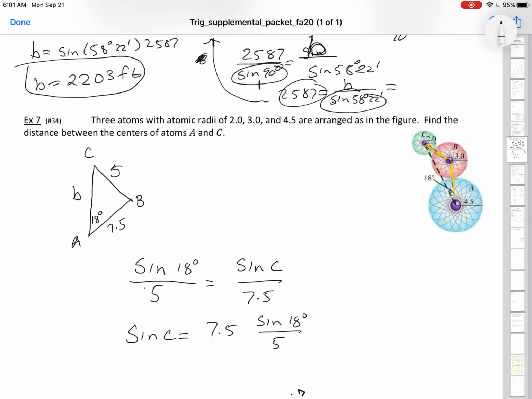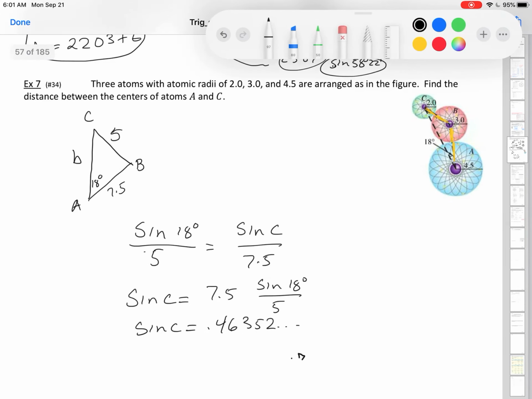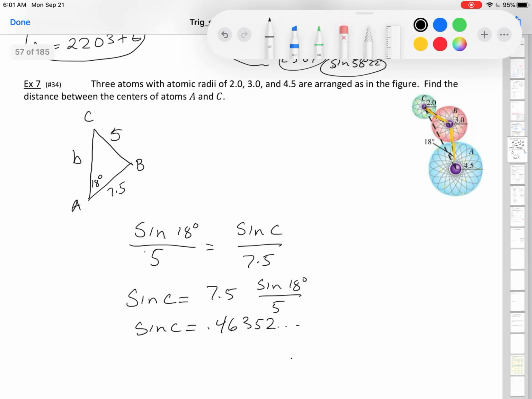So if I take 7.5 times sine of 18 divided by 5, I get sine C is equal to 0.46352 dot dot dot. I'm not going to round that off. I'm going to take on my calculator sine inverse of that.